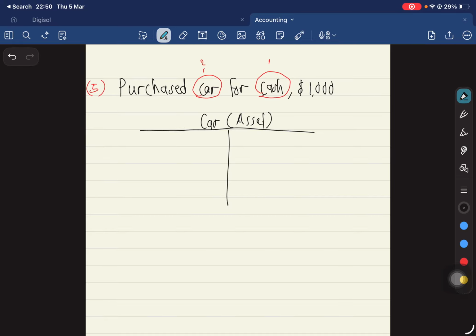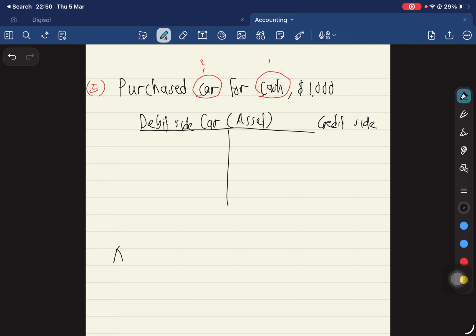So we know the left side of the T account is the debit side, and the right side of the T account is the credit side. So let's state the accounting rules regarding assets.